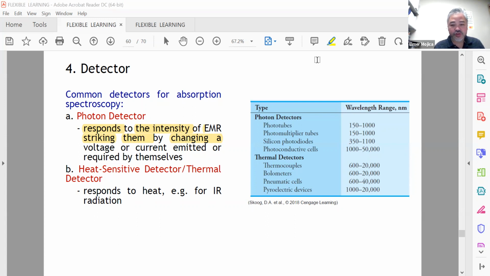Among these photon detectors are the phototubes, the PMT, photomultiplier tubes, the silicon photodiodes, and the photoconductive cells. And these are the wavelength ranges that are covered.